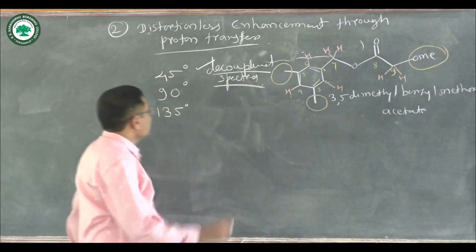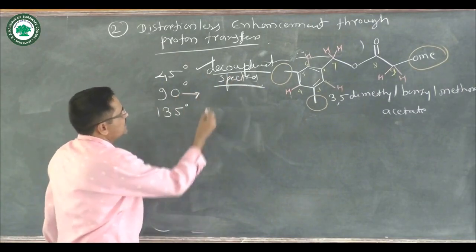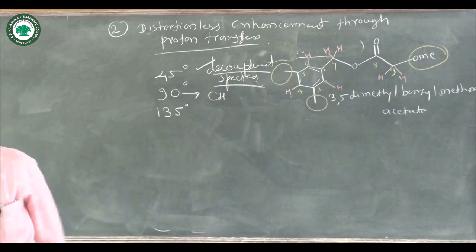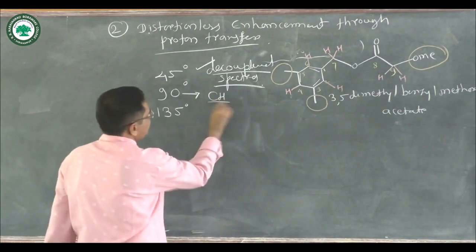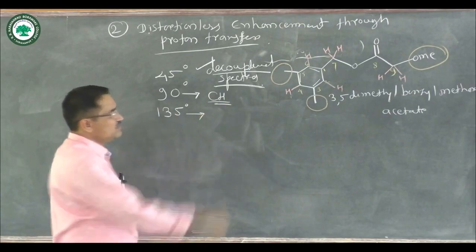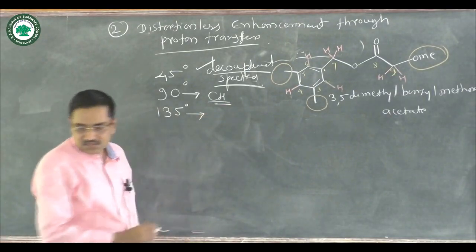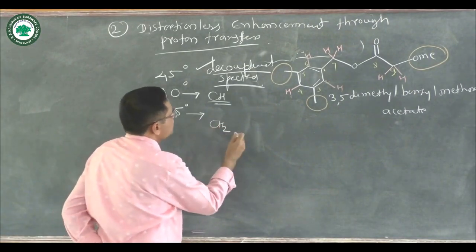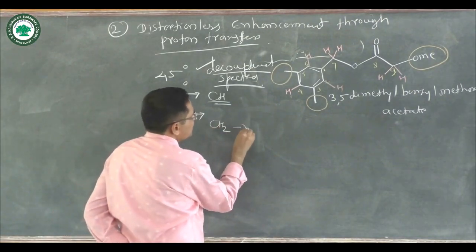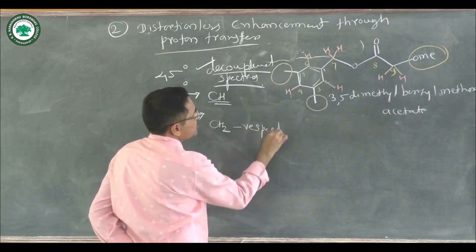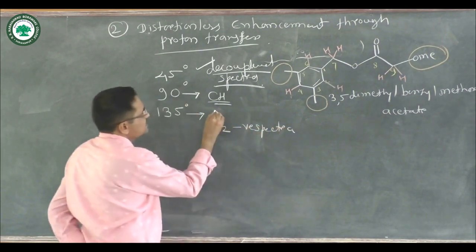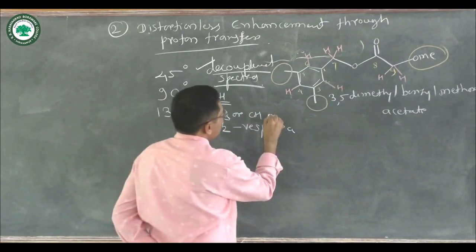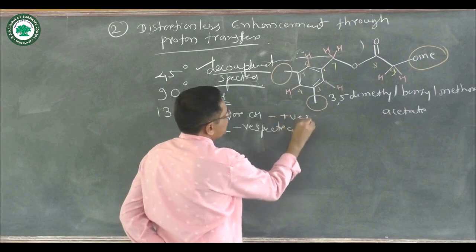In 90 degree only CH are observed, but in 135 degree CH2 are observed in the negative spectra, and CH3 or CH are observed in the positive spectra.